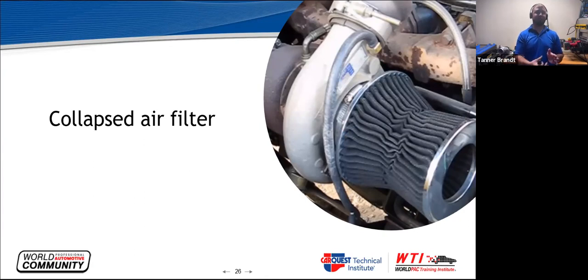When you put a turbo on it, it's just an even bigger vacuum. So anything on that intake side with a vacuum pulled on it could possibly collapse, like this air filter. This air filter was just too small. It's on a 5.9. That's too small of an air filter for that, so it pulled in.